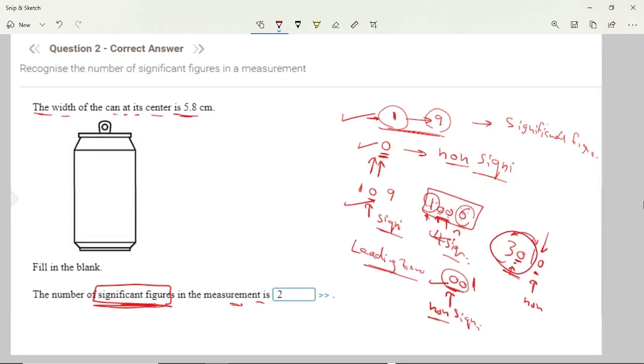So this one has 3 significant numbers. I have another exception for trailing zeros: if the number is followed by a decimal point, the 0 in this case will be significant.